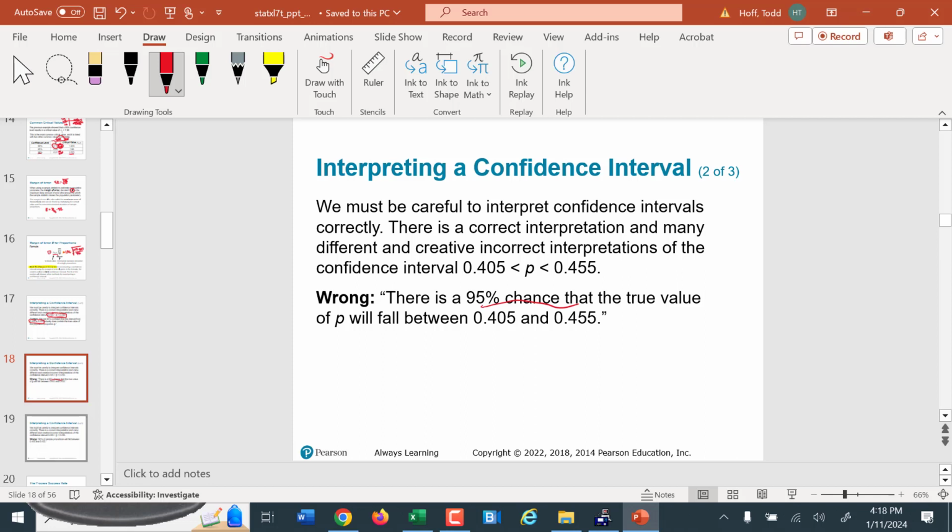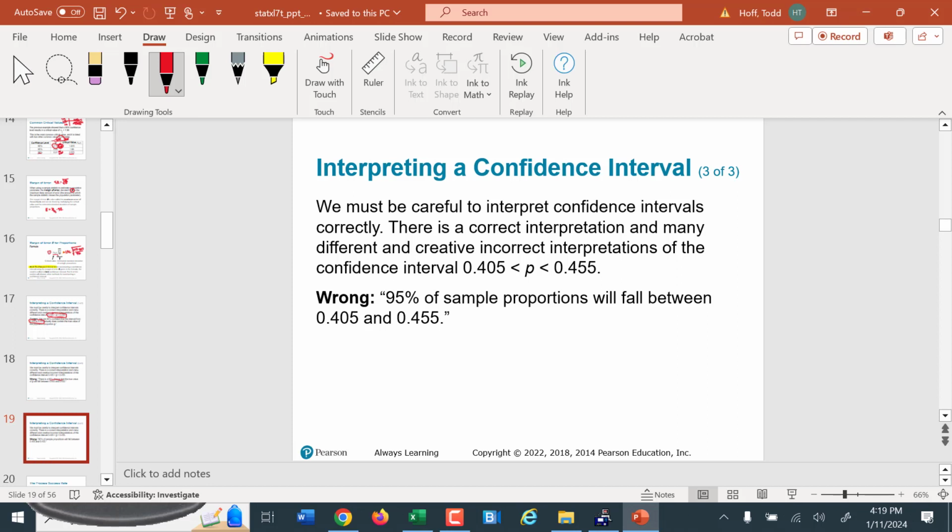inaccurate. Another wrong way of saying it is 95% of sample proportions will fall between this, and that's not true as well. Remember, the distribution of the sample proportions is centered around the actual population proportion.